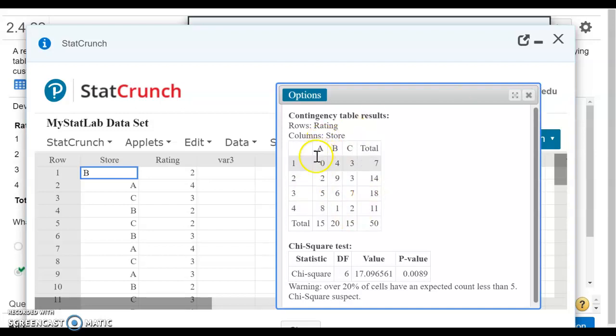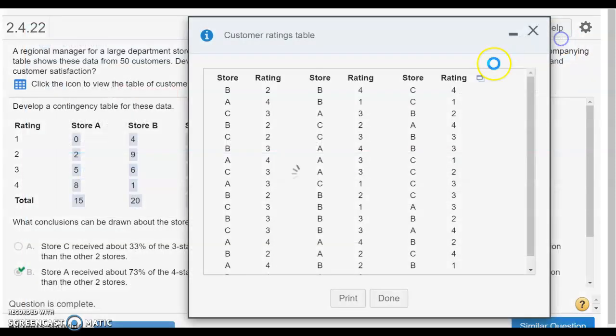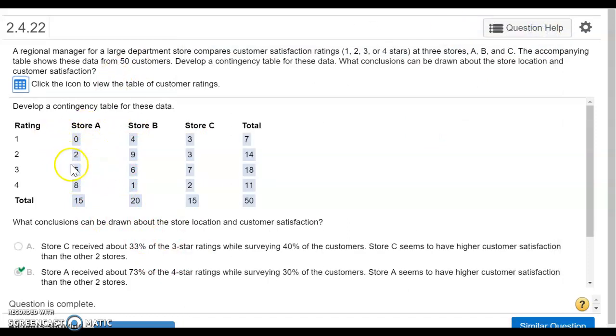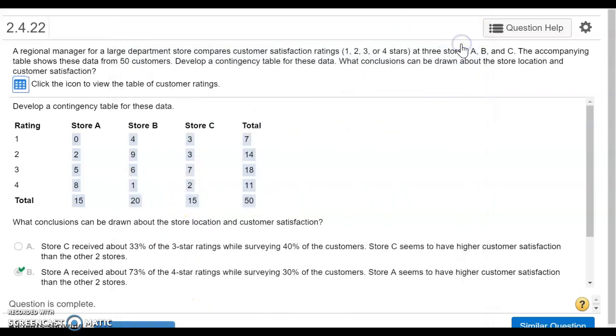Once you get the contingency table, all you have to do is copy these numbers over into your table here. And this is a lot easier than having to sit and count and say, okay, there's 1 4-star rating, there's 2 4-star ratings for A. I mean, that would take a long time to do.